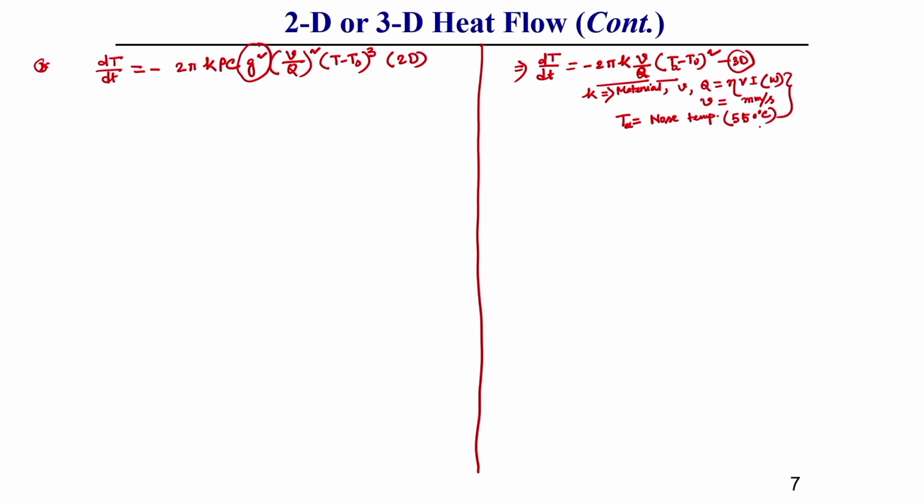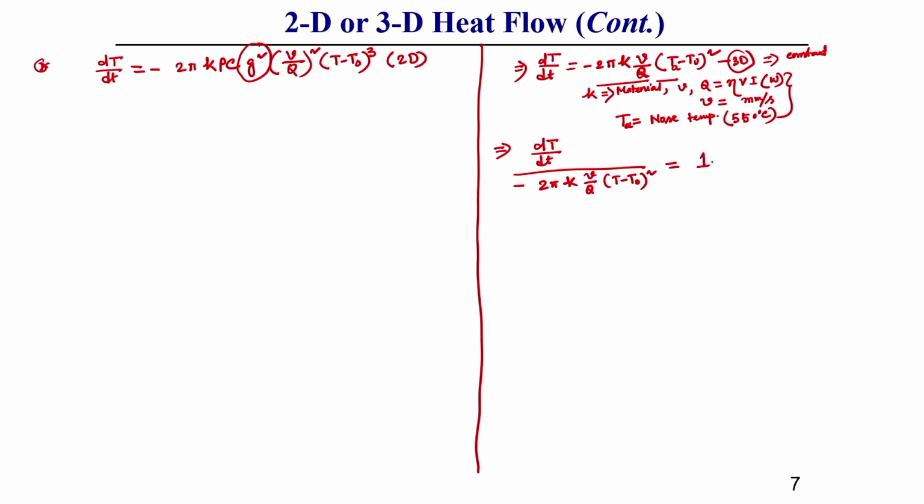So, for a particular temperature, particular Q and V as well as k value, the right side of this three dimensional heat flow equation is constant. Now, if we make the ratio, that means dimensional analysis for this equation, dT by dt divided by minus 2 pi k v by q (T minus T0) whole square, what should its value be?